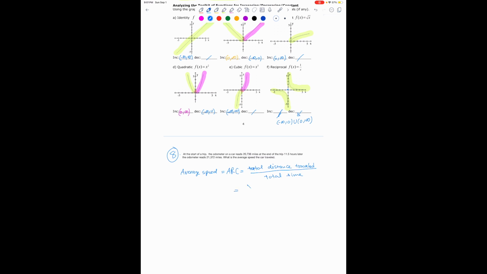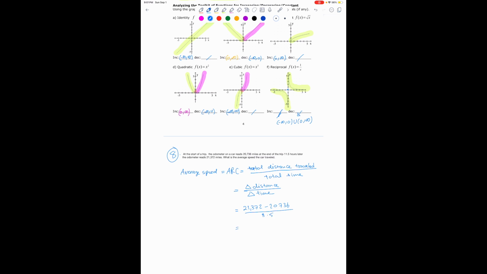So the change in distance over the change in time. We were given the change in time immediately, so we can basically say 21,372 miles minus 20,736 miles over 11.5, which is the change in time.